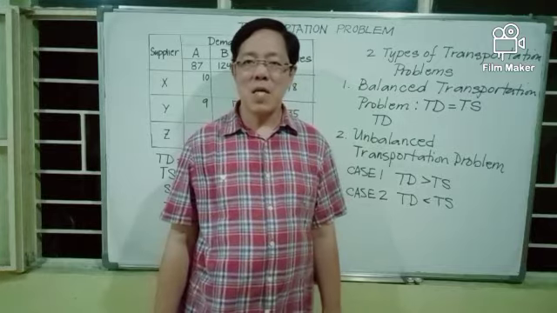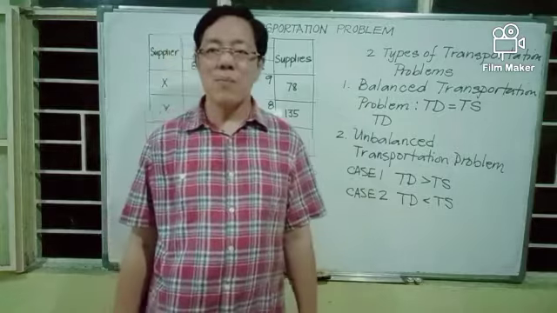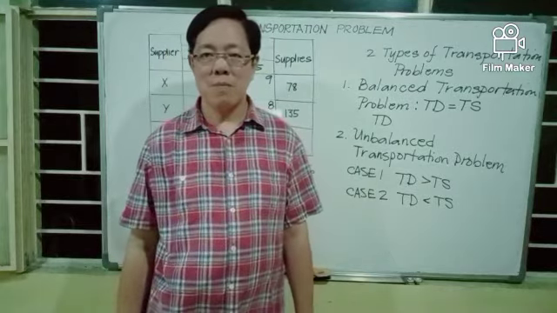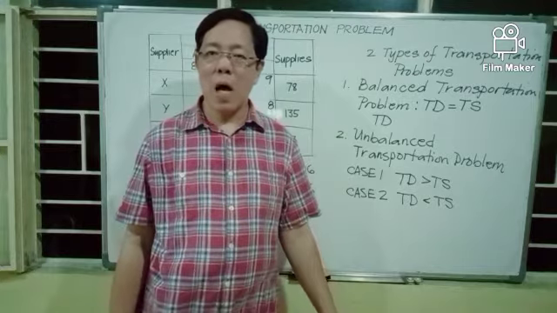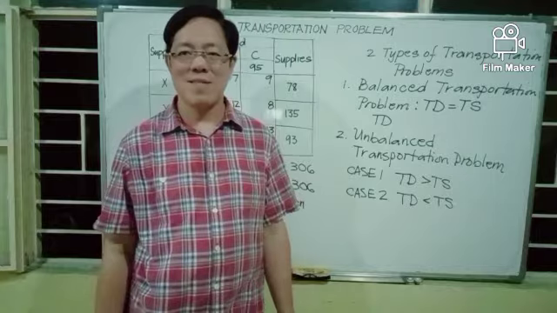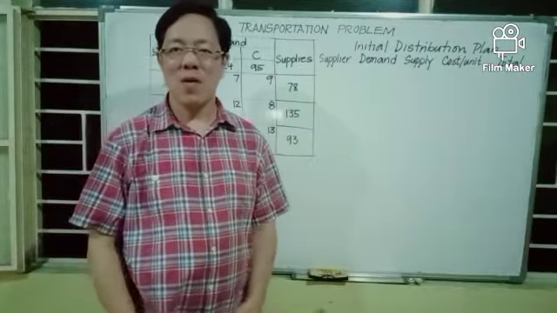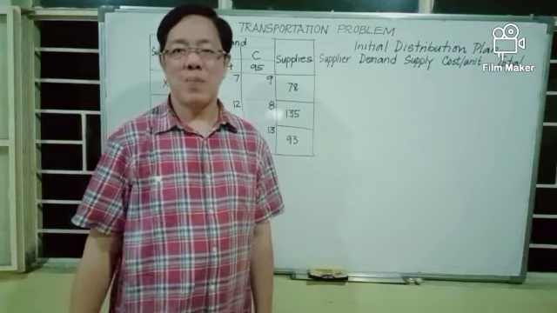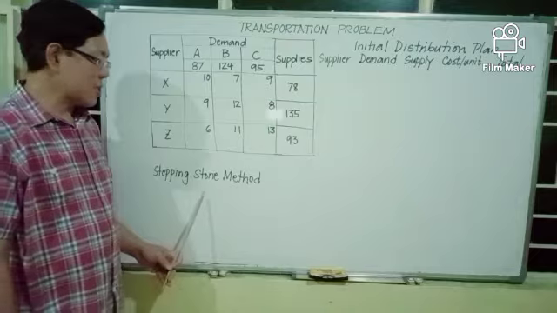But for today, we will start with the solution of a balanced transportation problem. We will only do up to setting up the initial distribution plan. The method for solving transportation problems is called the stepping stone method.